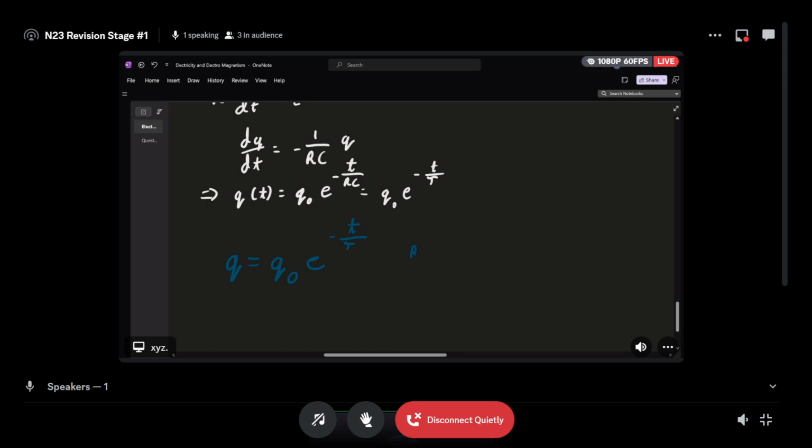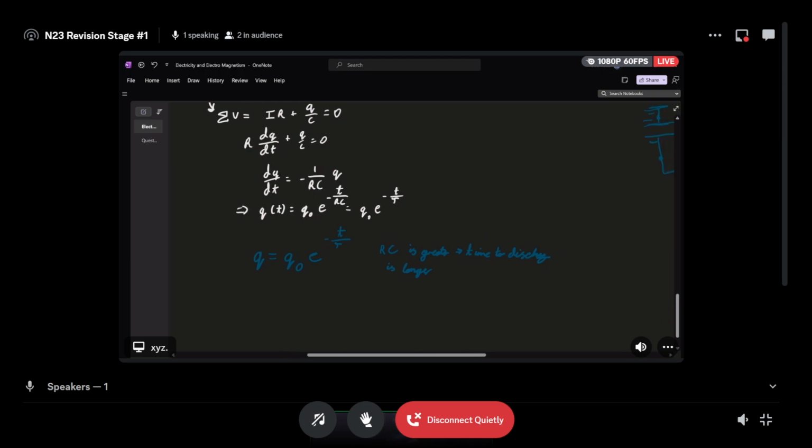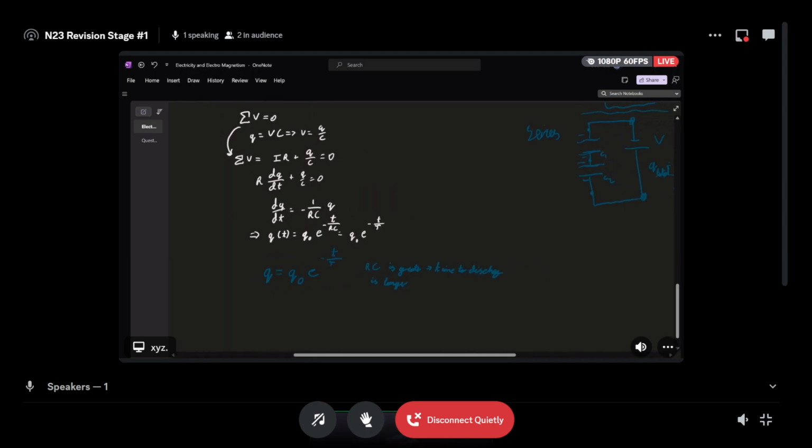And that tells us that the greater RC is, the longer it takes for our capacitor to discharge. And this is the same for the inverse of this relationship. The smaller tau is, the quicker the time it takes to discharge.